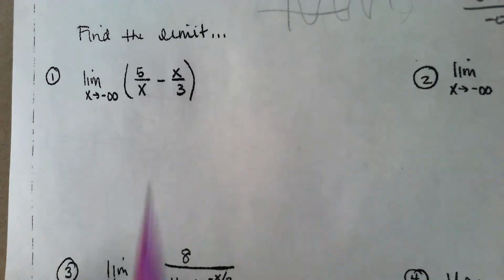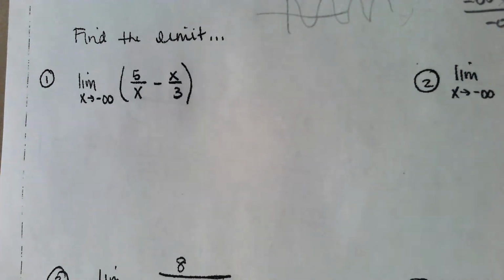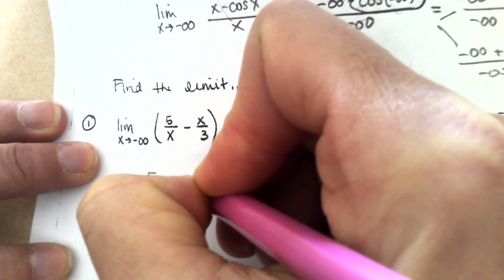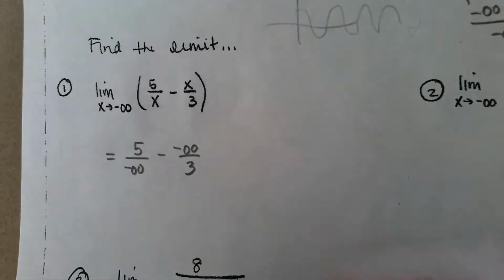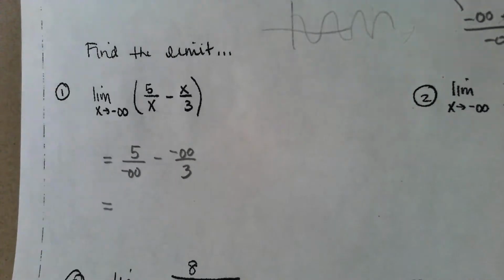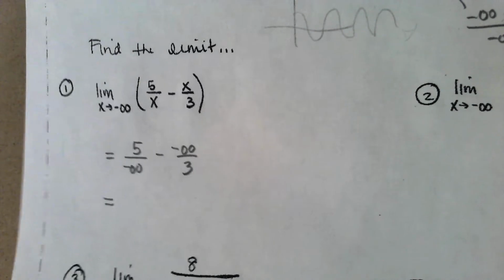All right, on this next section, we have a rational graph and a linear graph, pretty much. Plug in negative infinity. So 5, or any constant for that matter, over infinity. Raise your hand if you can tell me that that will always be essentially, Mackenzie? 0. 1 over infinity, 5 over infinity.